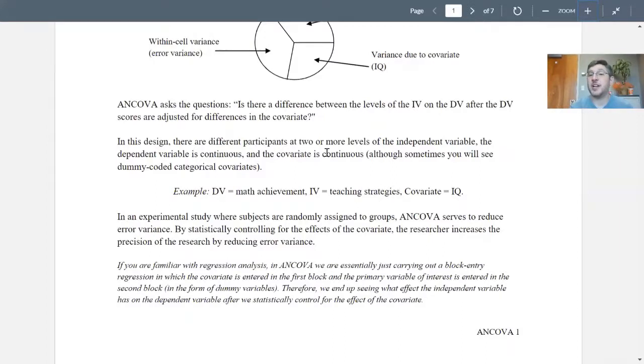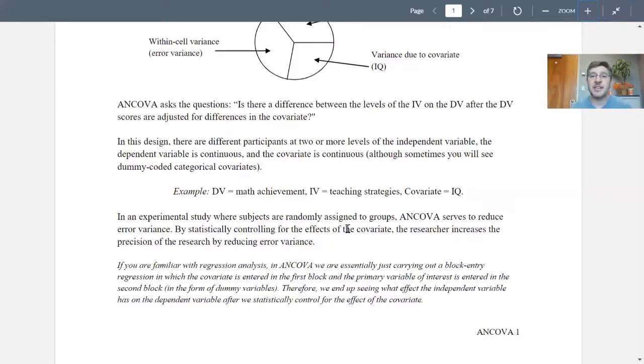In this case, if we were randomly assigning people to different teaching strategies, then, by the design of the study, IQ shouldn't be correlated with teaching strategy. It should be roughly equally distributed among the different groups.